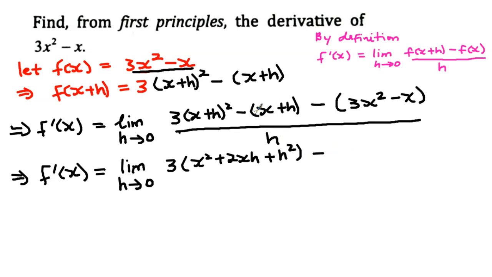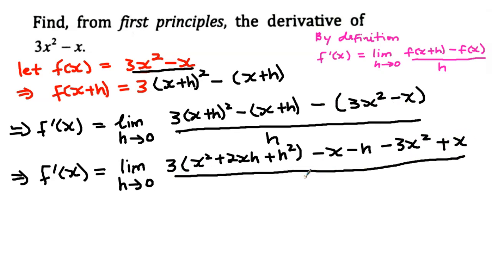At this point we can also remove the brackets over here, and when we remove the brackets, the h is going to be negative. And here on this part, we are removing the bracket, so it is going to be negative, so it becomes positive, all over h.